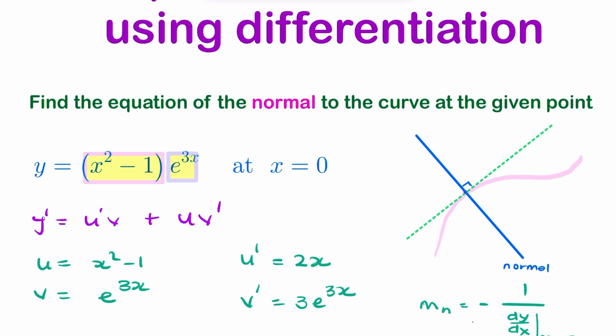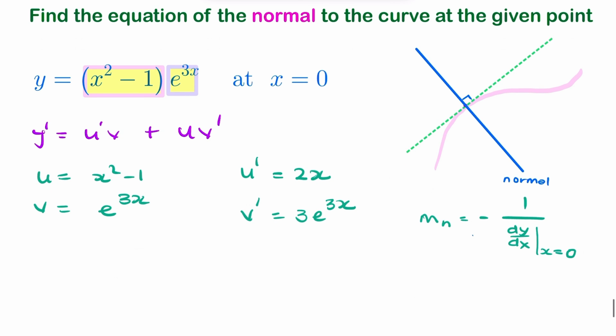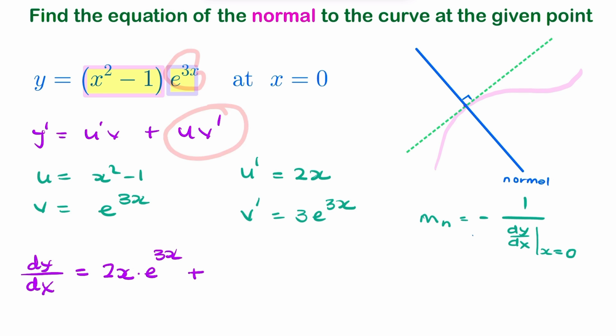3e to the 3x. Again, remember, use the chain rule. You multiply by the derivative of 3x. So now we can write dy by dx as u dash v, so it's this times that, plus u v dash, so this times that.